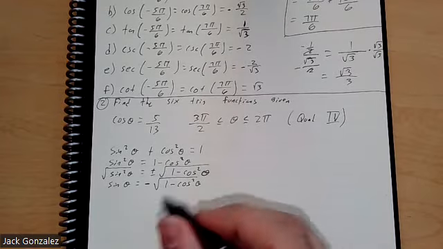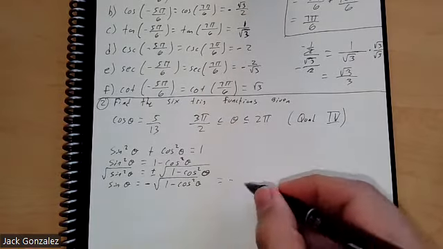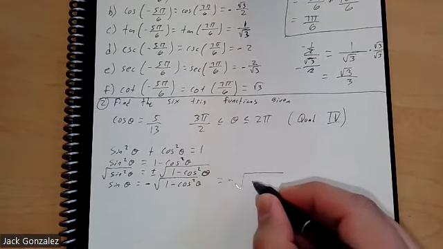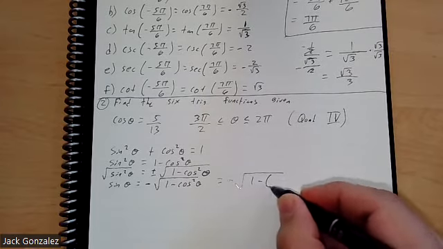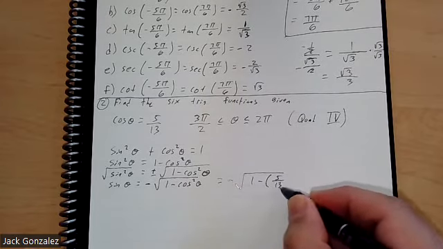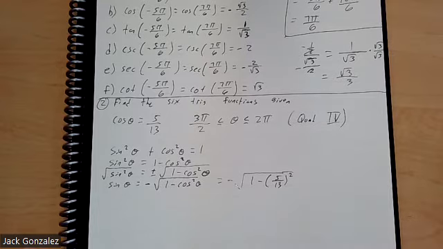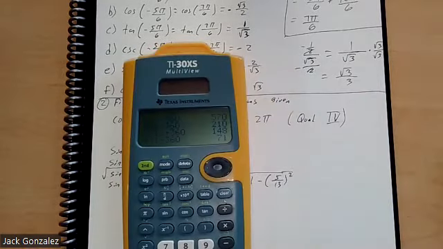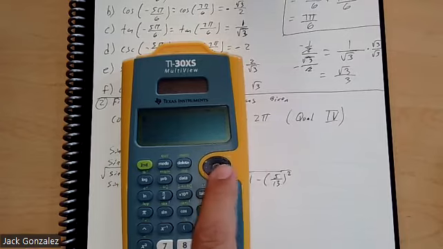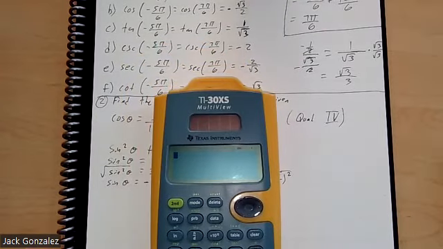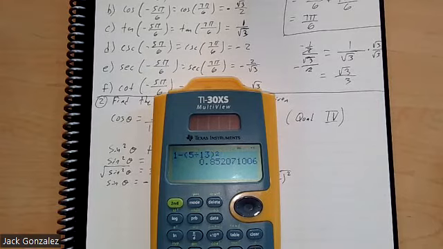Go ahead and plug it in. That'd be negative square root of 1 minus 5/13 squared. If you want to use your calculator, you can here. 1 minus 5/13 squared.